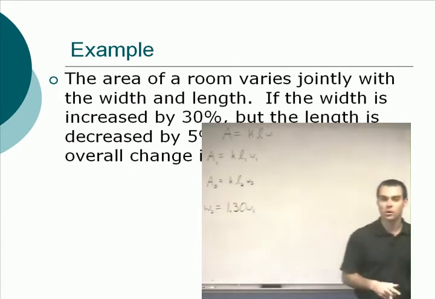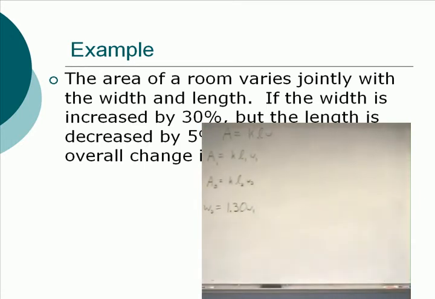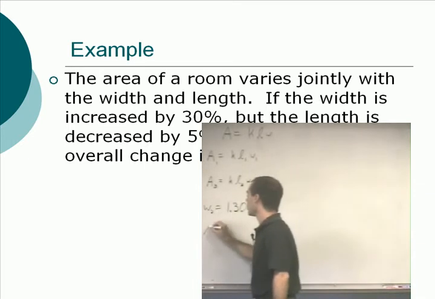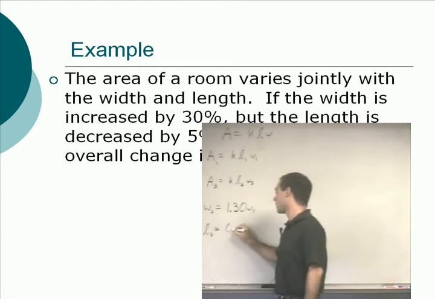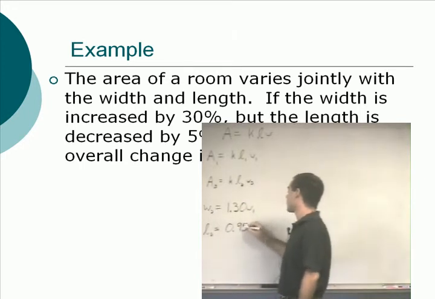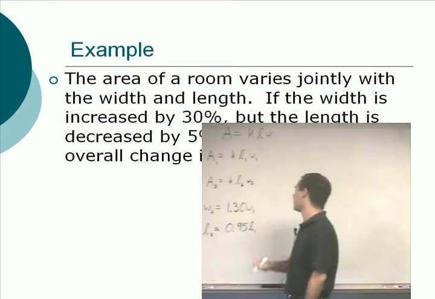That's our new one. So our new width is 30% larger than the old one. What about the length? The new length is what? Good, 0.95, 5% less. It's only 95% of what the original length was.